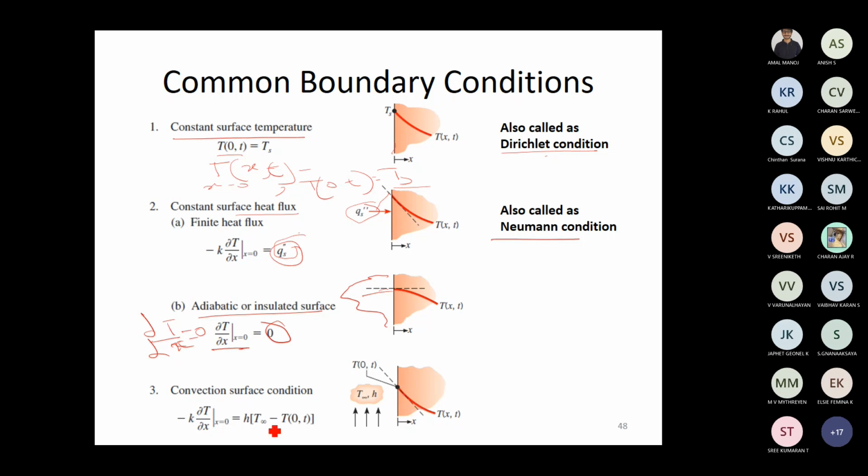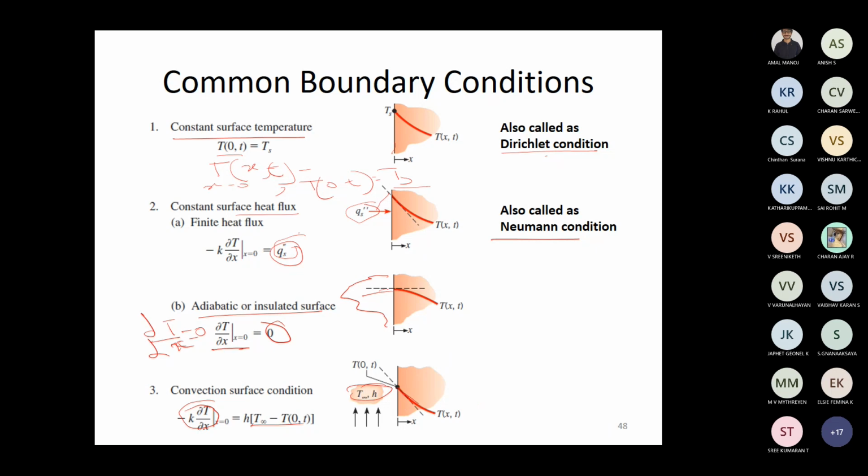So the heat conducted here should be equal to the heat convected on this side. If we equate the heat convected at the surface to the heat conducted into the body at this surface, then you will get this convective surface condition. This condition also is not given any particular name.